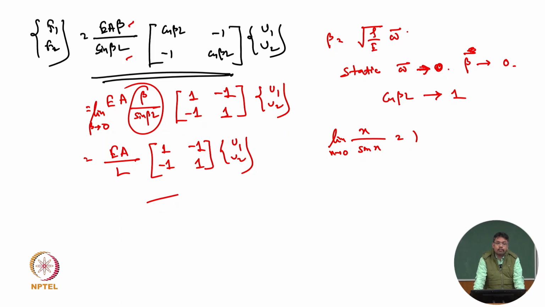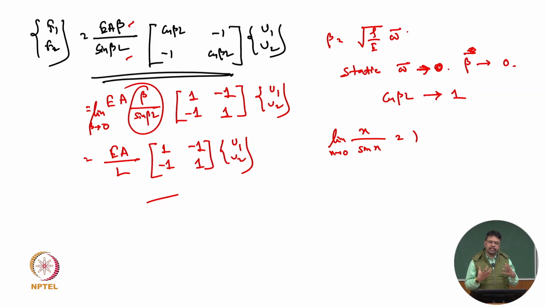We have incorporated the mass and stiffness both in terms of beta, because beta has density as well as Young's modulus. So both the things are flushed into the single expression, that is beta. Agreed?